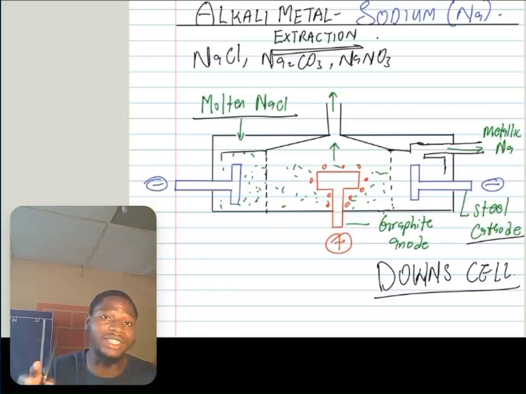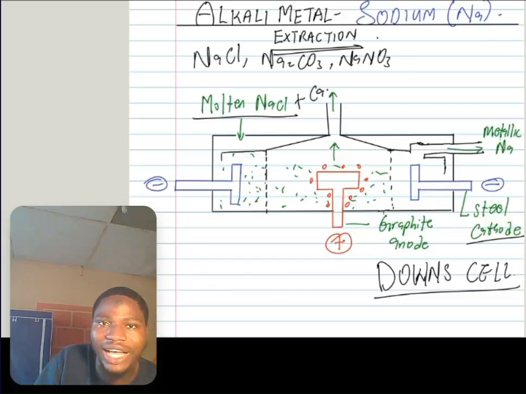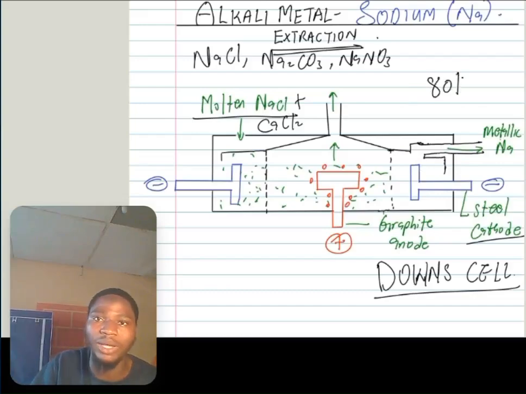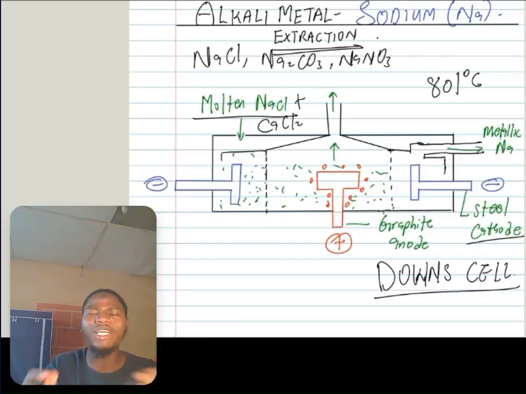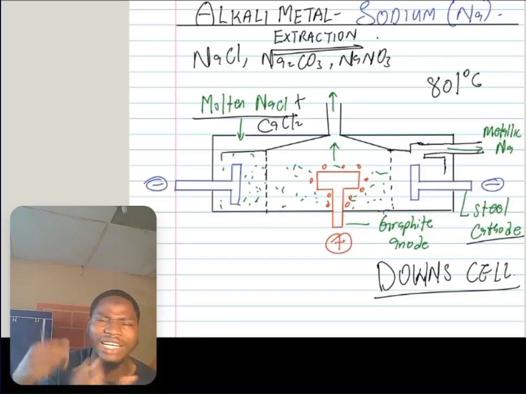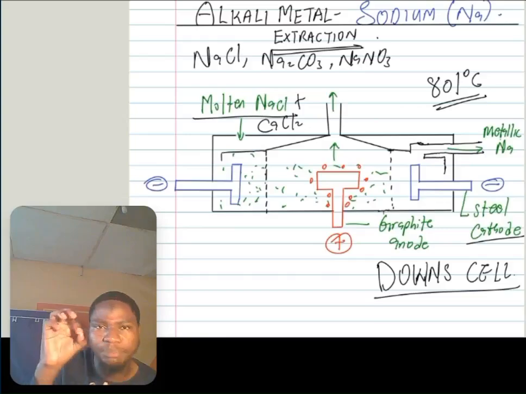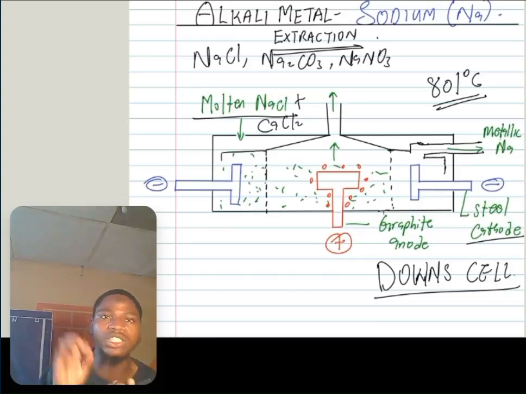You see, in this electrolysis, calcium chloride, that's CaCl2, is always added to sodium chloride. Why? Don't forget that the melting point of sodium chloride is about 801 degrees Celsius. So, in order to reduce the cost of electricity needed to reach this melting point, we need to add an impurity to this molten sodium chloride.